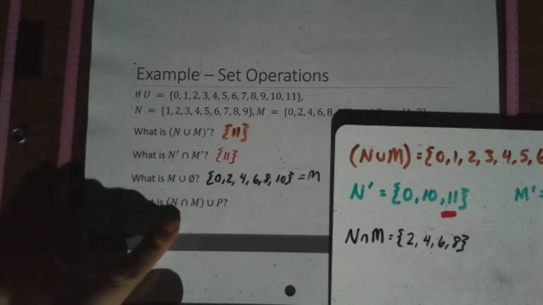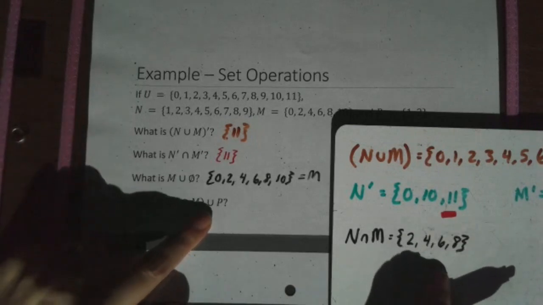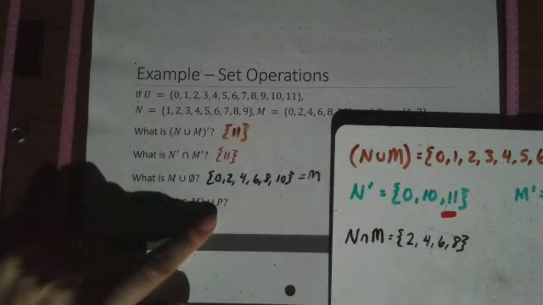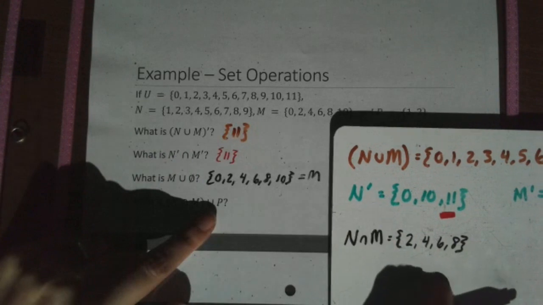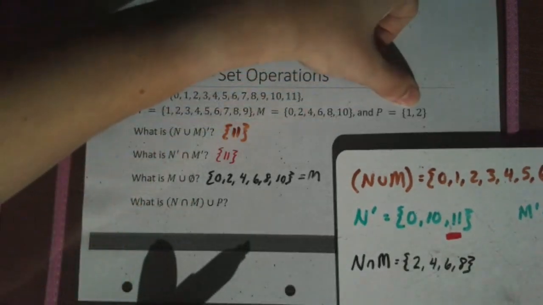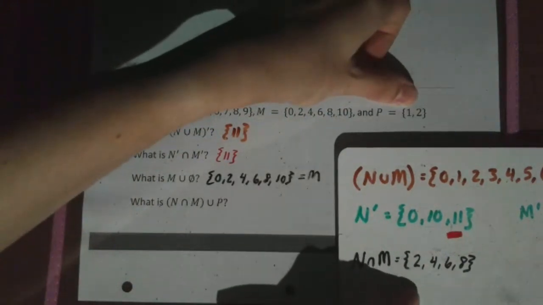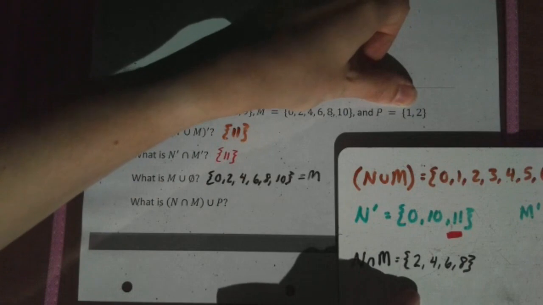But now that I have the set N intersect M, I want to take this and union it with set P. So that means list everything in this set and add to it the elements of P, which is 1 and 2. So I need to add 1 and 2 to this list that I already have. But 2 is already on the list. I don't have to write it twice.